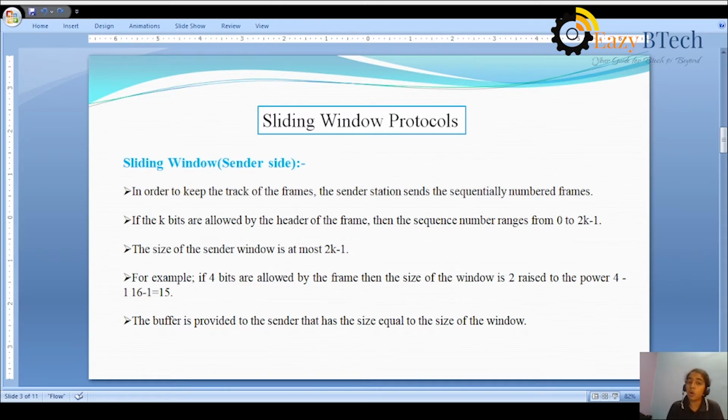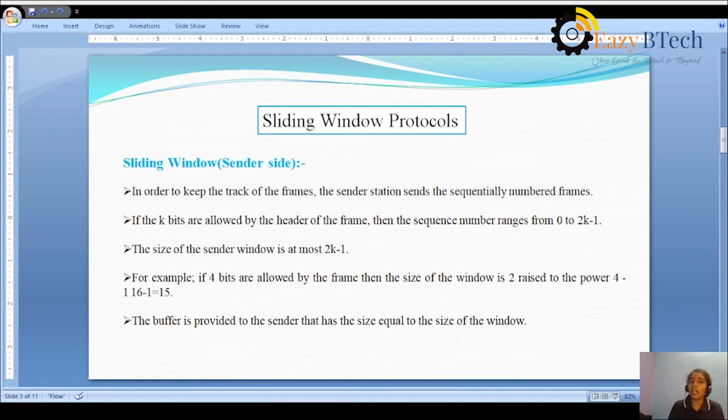So one sequential number is assigned to each and every frame, and if the frame header contains k bits, the sequence number ranges from 0 to 2^k minus 1.